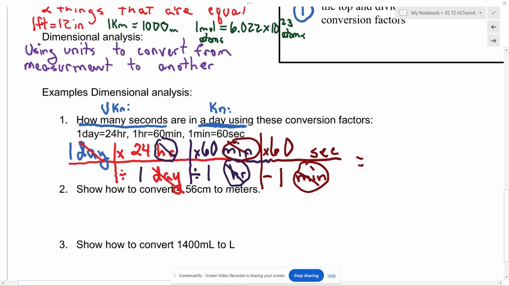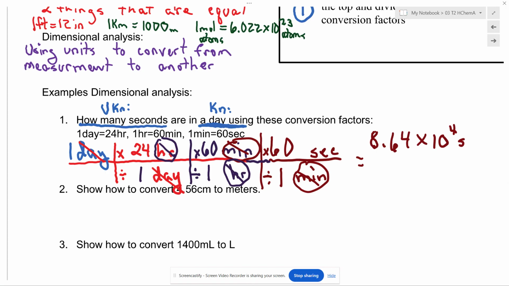Always doing that. And we should come out with your calculator, maybe in scientific notation, it might say 8.64 times 10 to the fourth. That's what I have written in my notes. I didn't actually calculate it just now. But that's 3 significant digits.